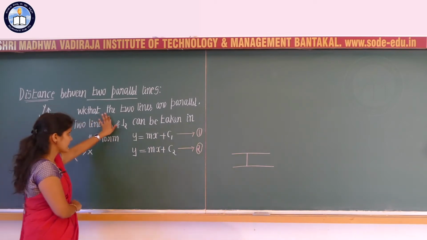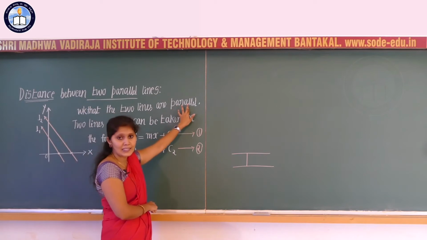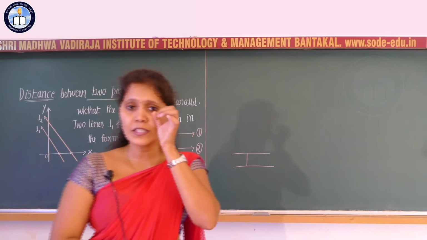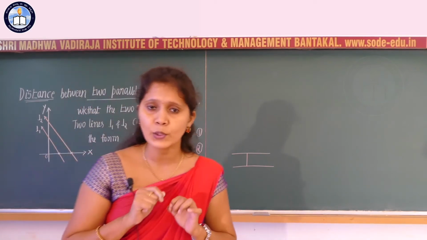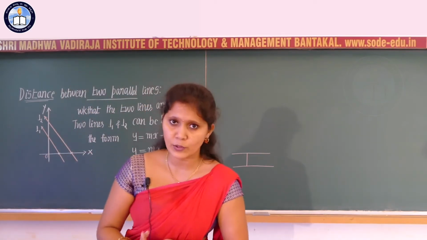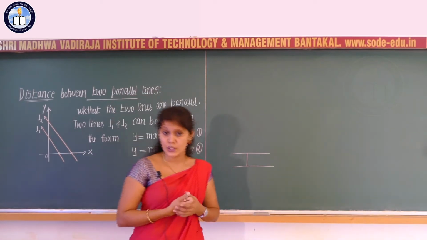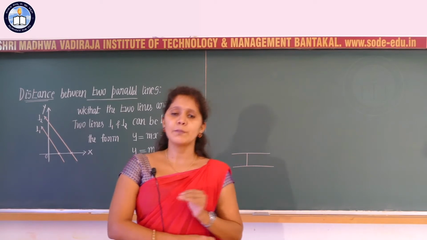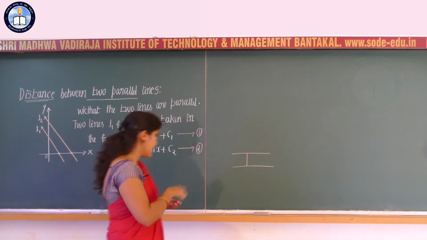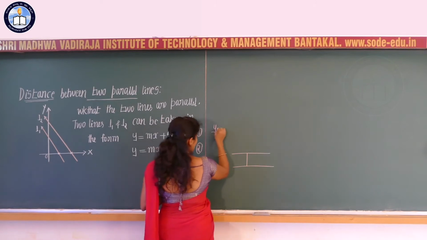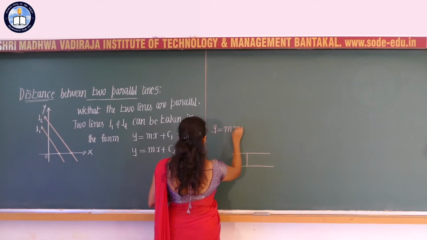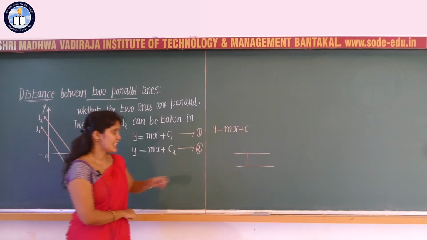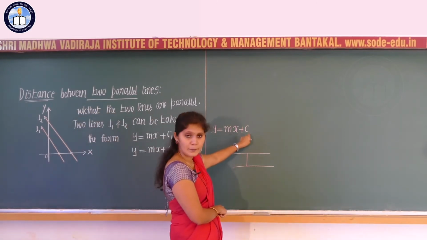So here we are considering two lines which are parallel to each other, and already we have derived one condition: if the two lines L1 and L2 are parallel, the condition with respect to their slopes is that the slopes are equal. Here y = mx + c represents the standard equation of a line, the slope intercept form, where m represents the slope and c is the intercept.